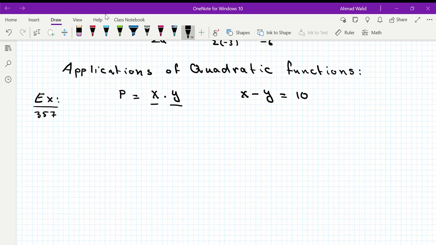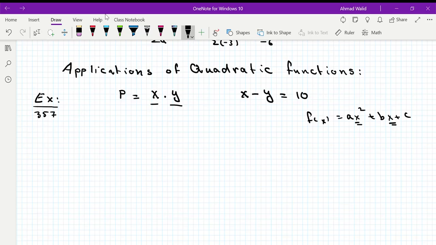That's all the information that I need. I made two equations. Now, out of these two equations, I have to write a quadratic function. You may tell me how. Look, your quadratic function is always in the form f of x equals ax squared plus bx plus c. It means you are dealing with one variable, only x.